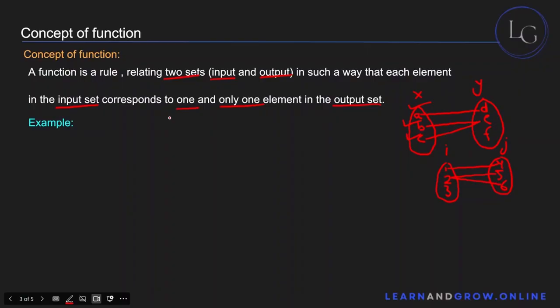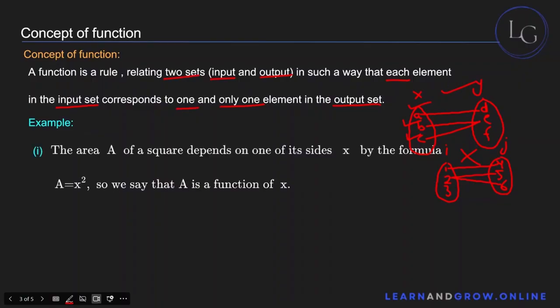That negates the rule of a function, which states that each element in the input set must correspond to one and only one element in the output set. As you can see, 2 corresponds to more than one element in the output set. So this is not a function, and this is a function, right? I hope that clears up the basic concept of a function.